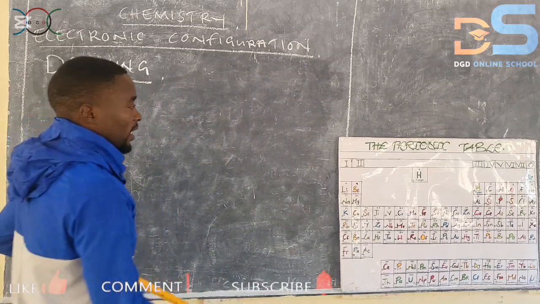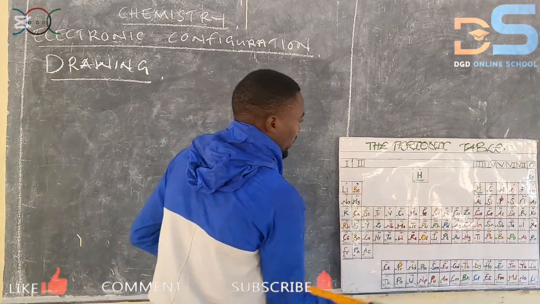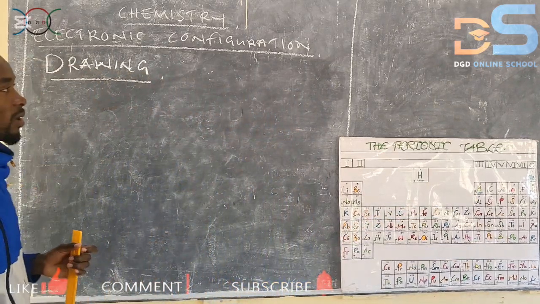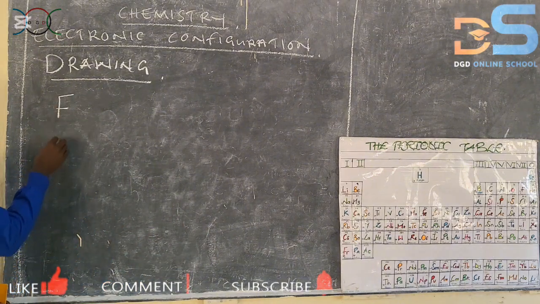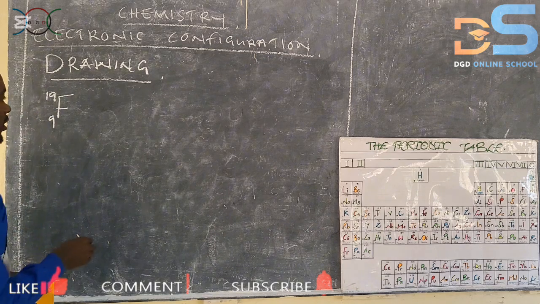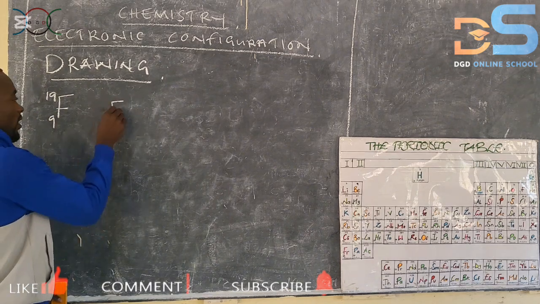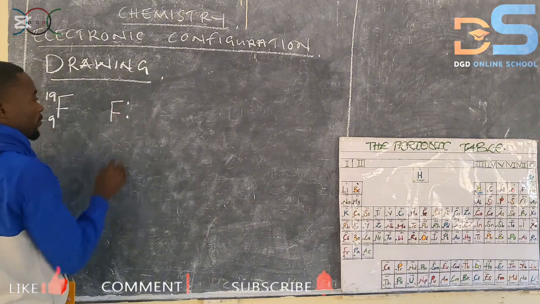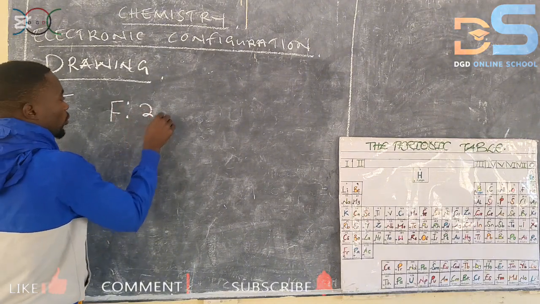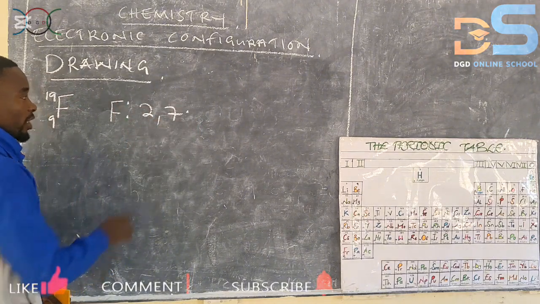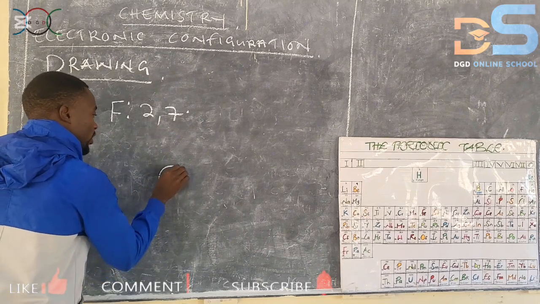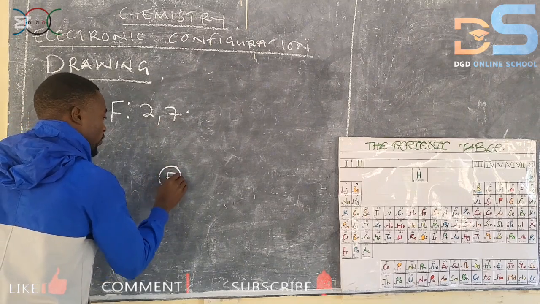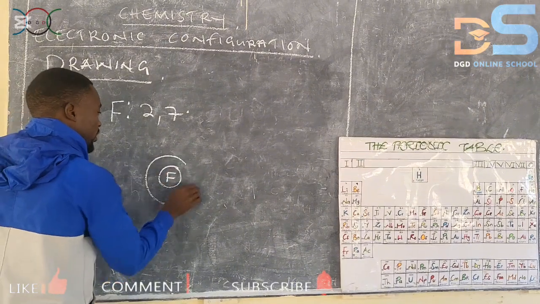So now, if we pick any element from the periodic table, maybe the one that we started with in the previous lesson, fluorine, which has a mass number of 19 and 9 electrons, we know the electronic configuration for fluorine is 2, 7. So it means it has 2 shells. We draw the nucleus for fluorine and then 2 shells.